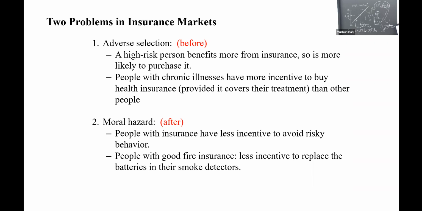So adverse selection is before you buy the insurance, and moral hazard is usually after you buy the insurance, because people who already have insurance will not be as cautious as before. That's how I distinguish these two terms, and you can choose your own ways. But you have to remember these two. They are important terms in this chapter: adverse selection and moral hazard.